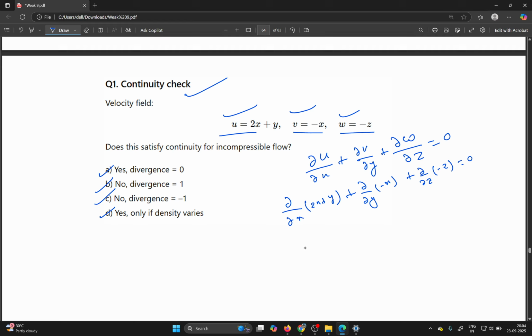So here it is 2, here the differentiation is 0, and here is your minus 1.